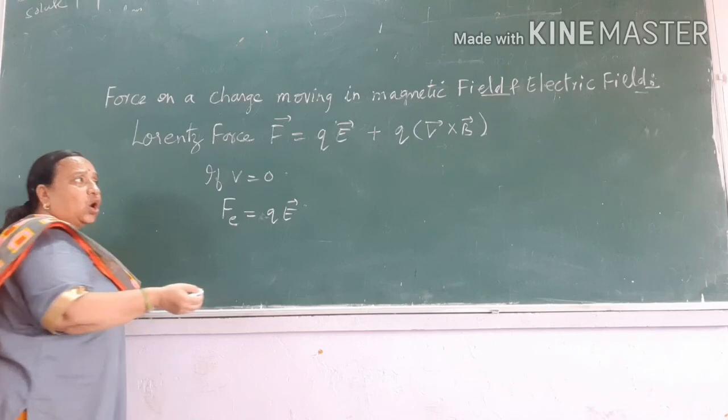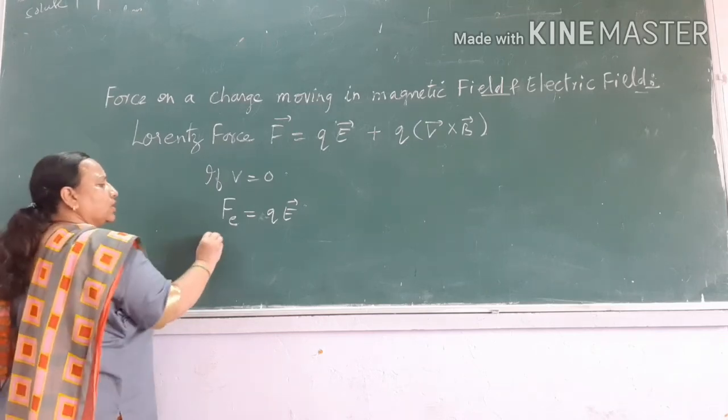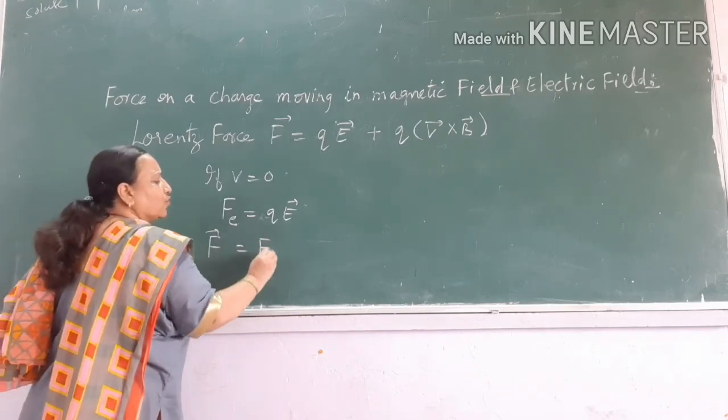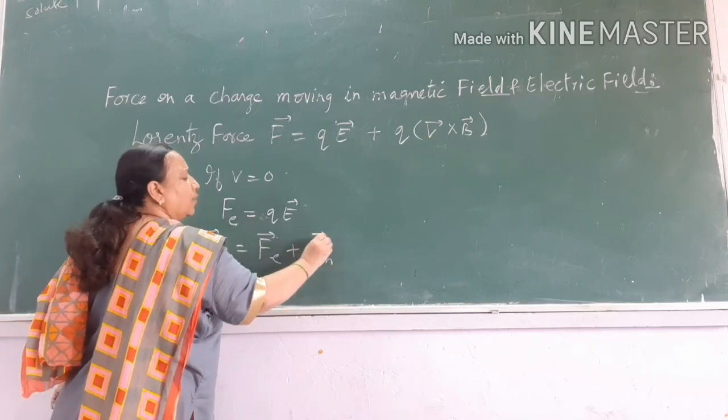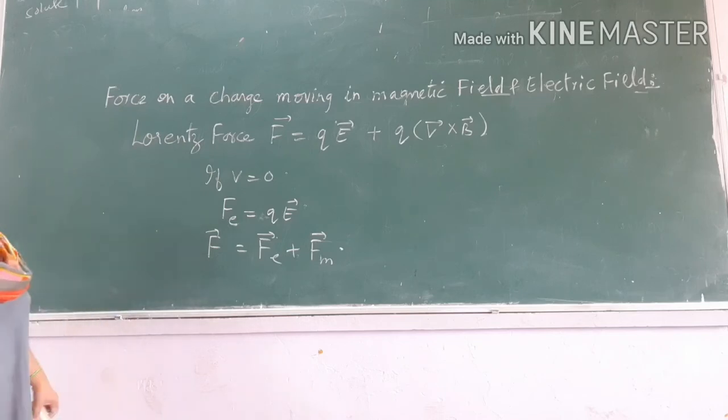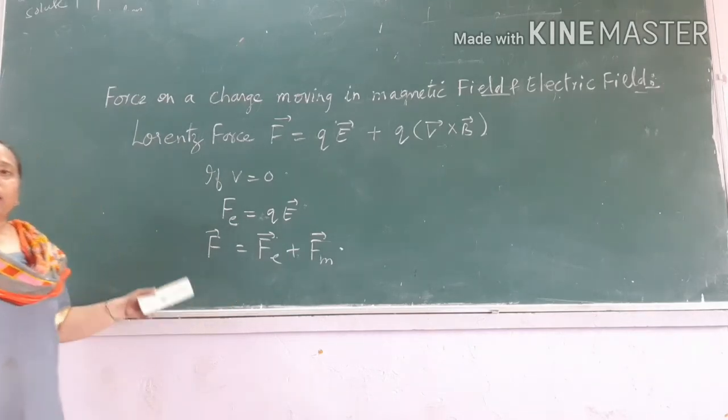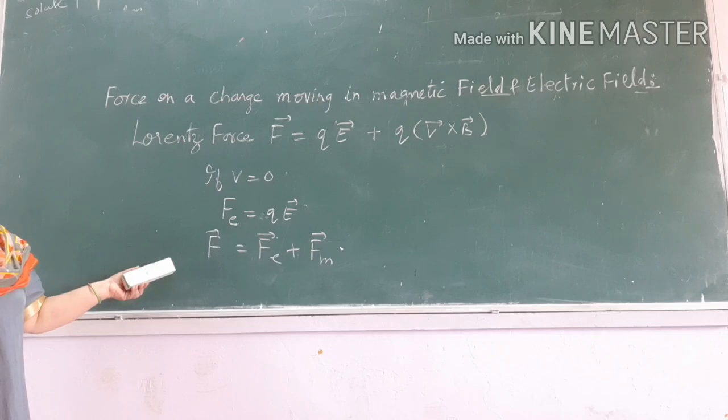And if v is not equal to 0, then the force is the sum of the two forces, that is electrostatic force plus the magnetic force. So the total of the two will give you the resultant value of the force.